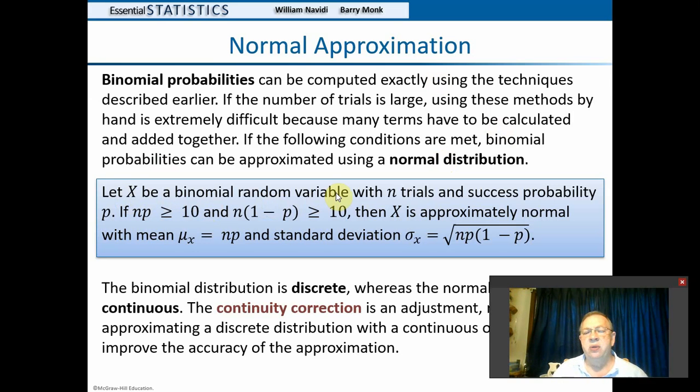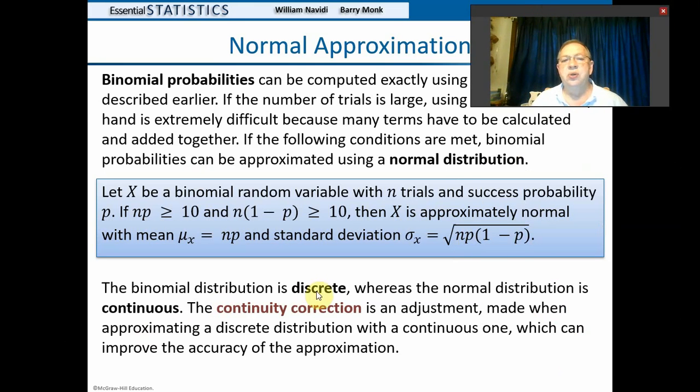Let X be a binomial random variable with n trials and success probability p. If n times p is greater than or equal to 10 and n times 1 minus p is greater than or equal to 10, then X is approximately normal with mean n times p and standard deviation the square root of n times p times 1 minus p.